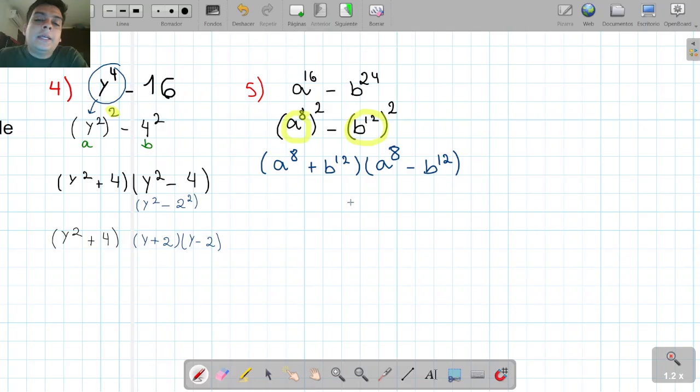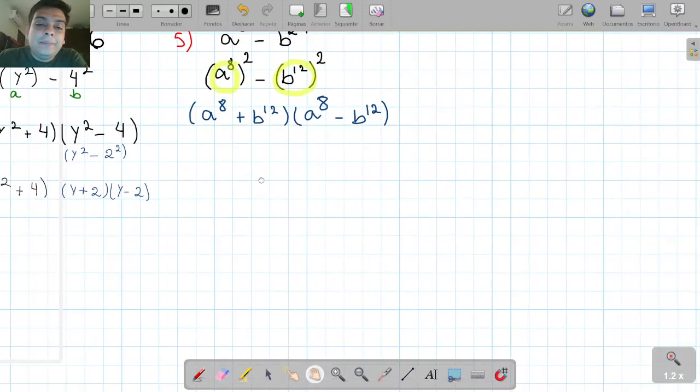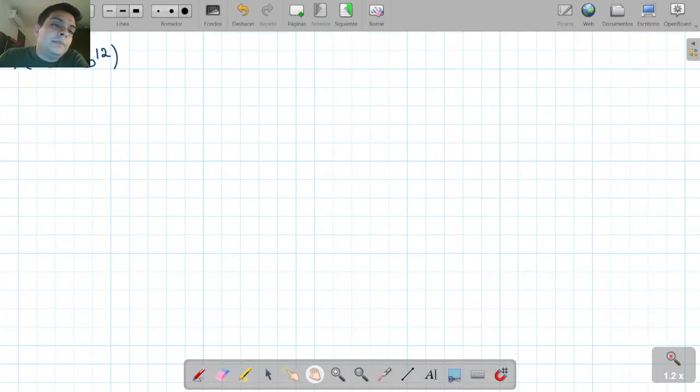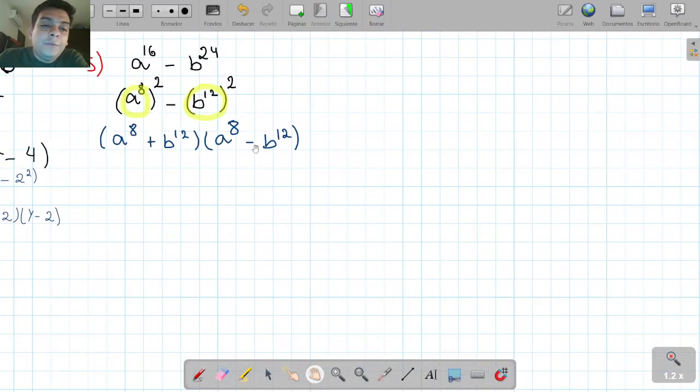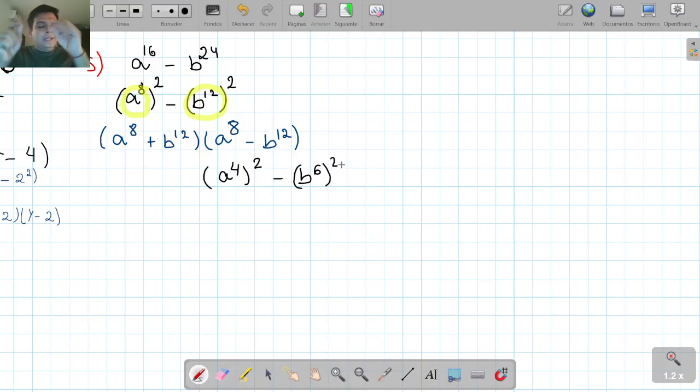As you may realize, again, we can continue doing the same with only this part. If I focus on this part, I can rewrite this other factor as a to the power of 4 to the power of 2, and b to the power of 6 to the power of 2. You can see that I'm taking the half and half again.